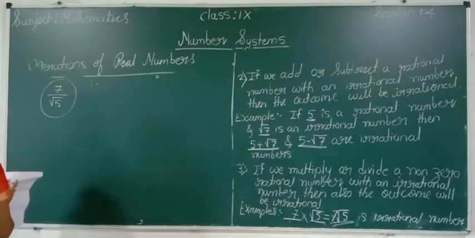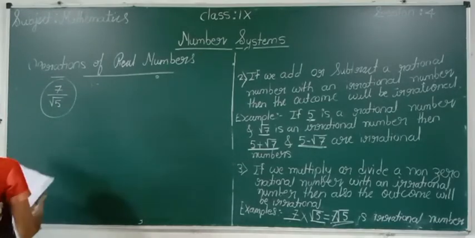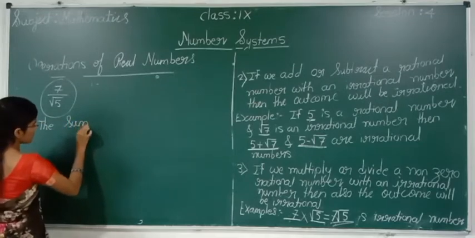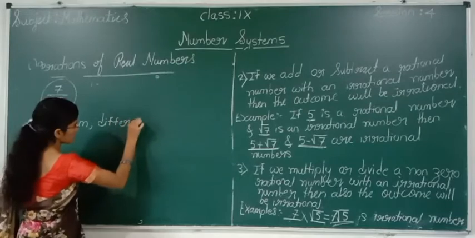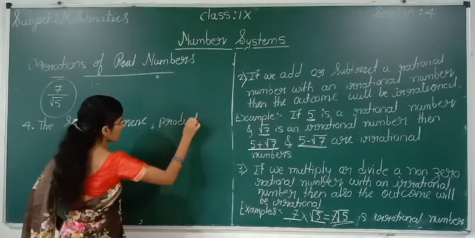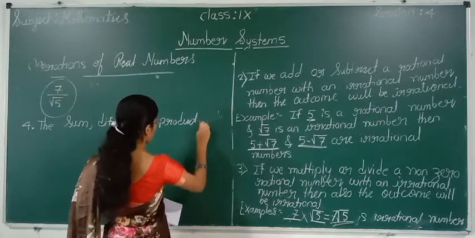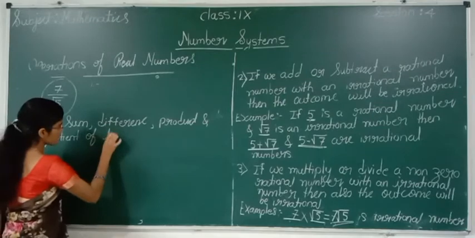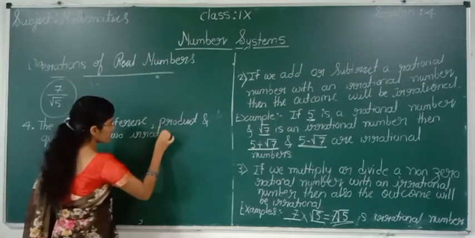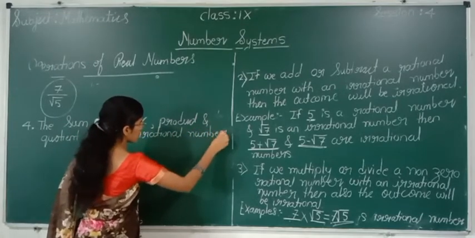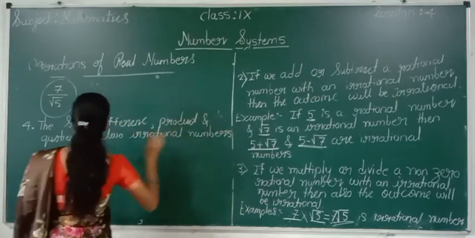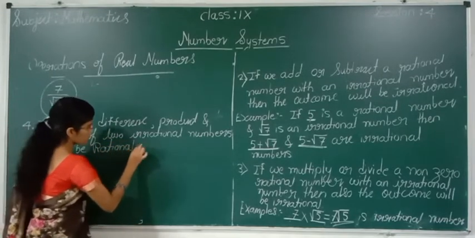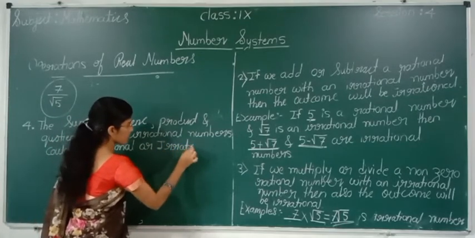The fourth point tells us that the sum, difference, product and quotient of two irrational numbers could be rational or irrational.